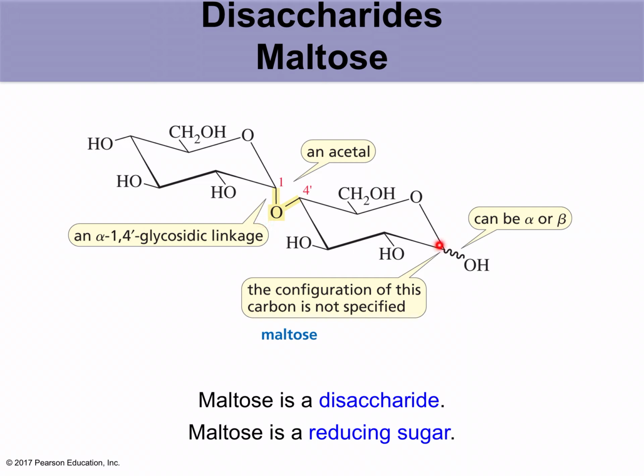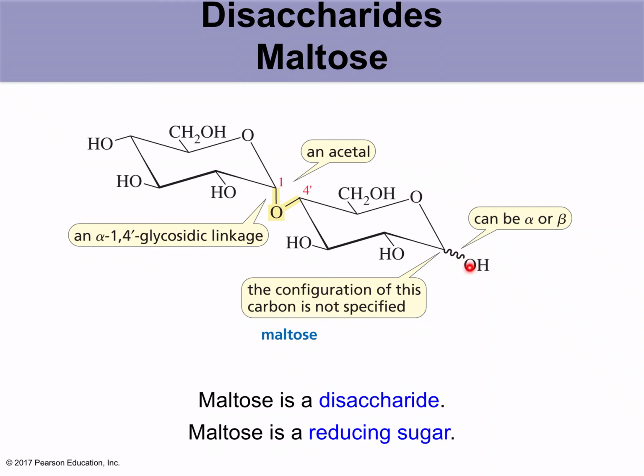Now, a disaccharide means two sugars, two monosaccharides. These are both glucose, and there is a carbon here in the glucose with an oxygen R and an OH. What do you consider this? Is it acetal or hemiacetal? A carbon with oxygen OR and OH is a hemiacetal.